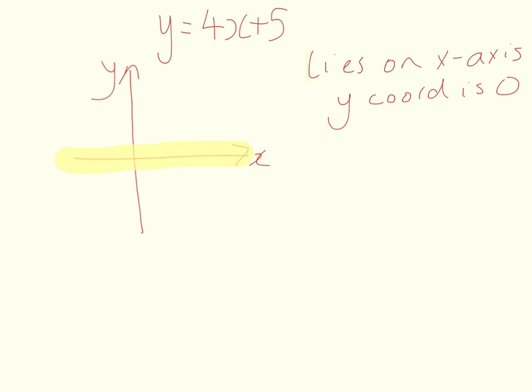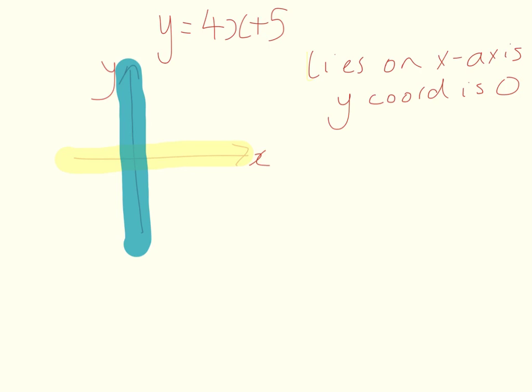And similarly, if we think about the y-axis, this one here, let's think about some coordinates: (0, 0), (0, 5), (0, 10), (0, -6). This time the first coordinate is always 0.